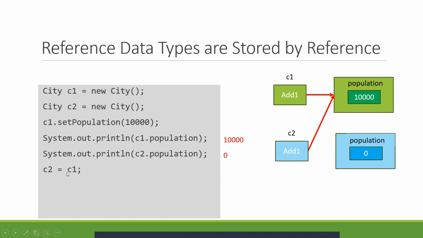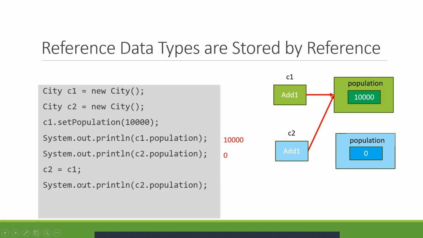Because it is storing the reference, or the address, whenever we use the assignment operator, the address gets copied over. So now we have a situation like this: C1 pointing to address 1 and C2 also pointing to address 1. The other memory location is no longer referenced by any object, and it will get garbage collected by Java at some point of time.